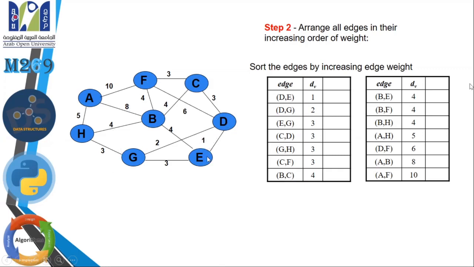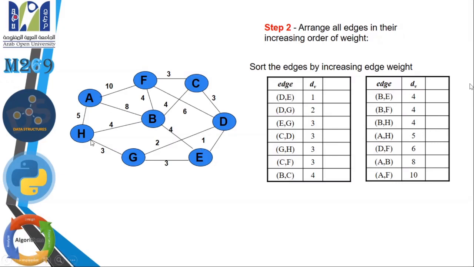That is from D to E. So DE is 1. Is there any other one? No. Next, what is the second smallest one? 2, which is from D to G. So from D to G is 2. Any other 2? No. 3.